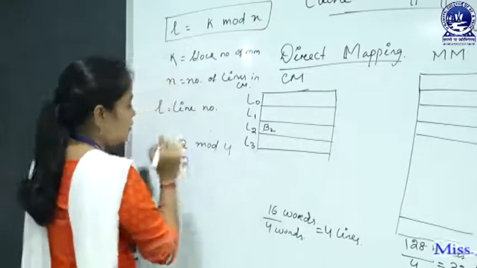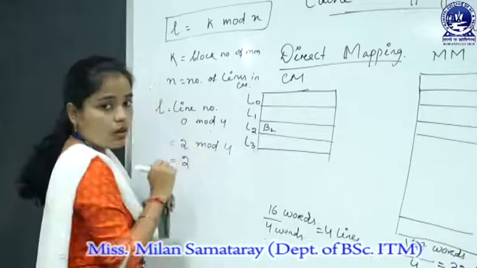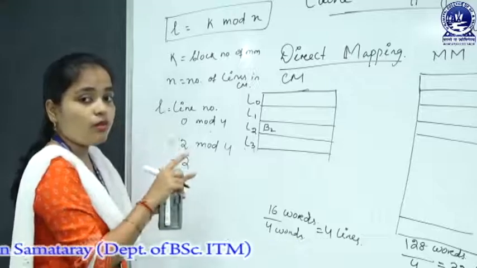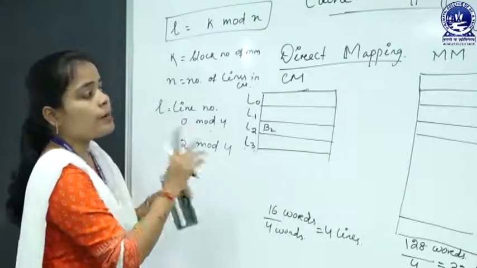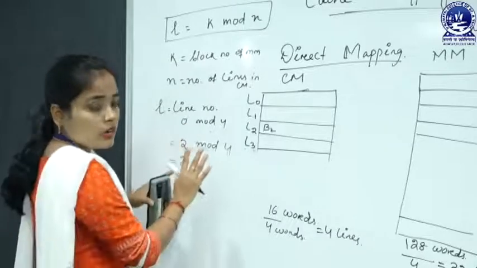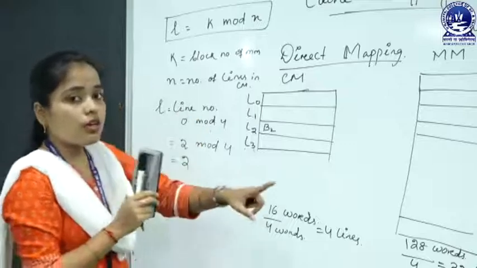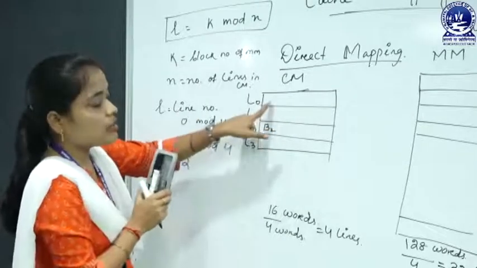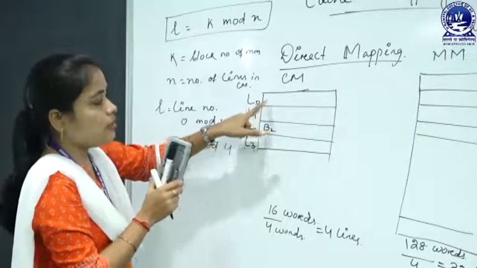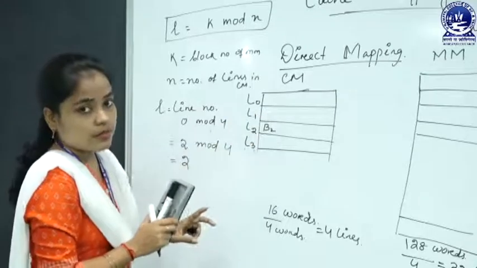And for block 0, we get 0 mod 4, and for every moving operation, whenever B0 comes into the cache memory, it is mandatory that you store that B0 in L0. The B0 block cannot be assigned to L1, L2 or L3.